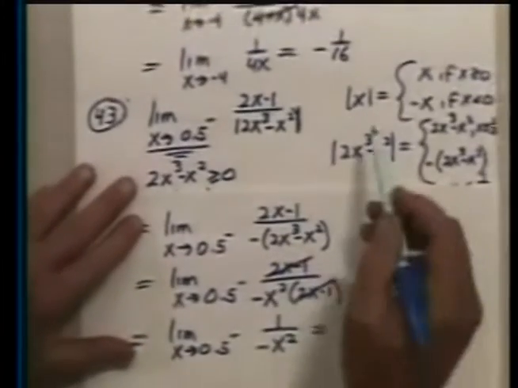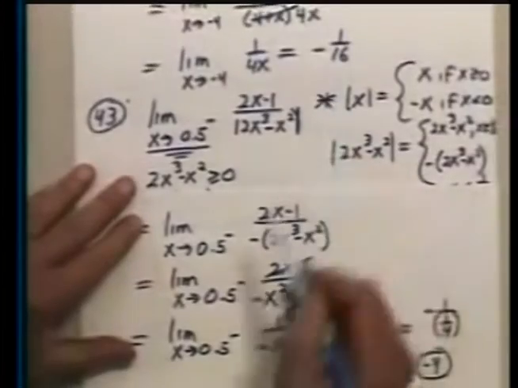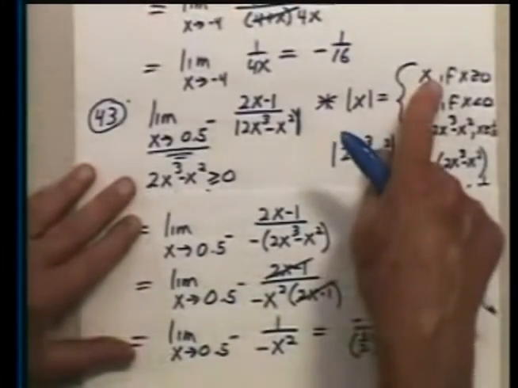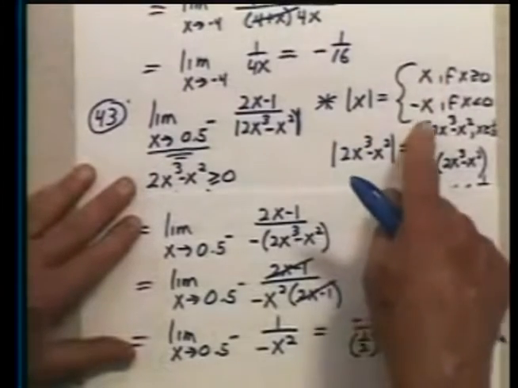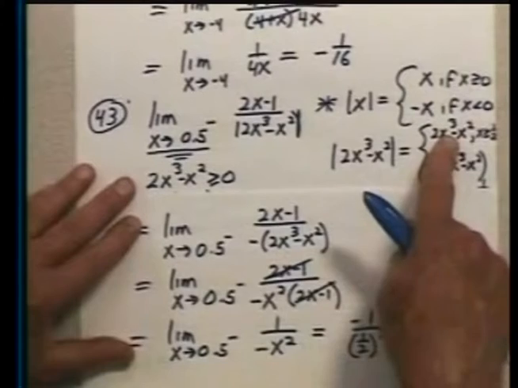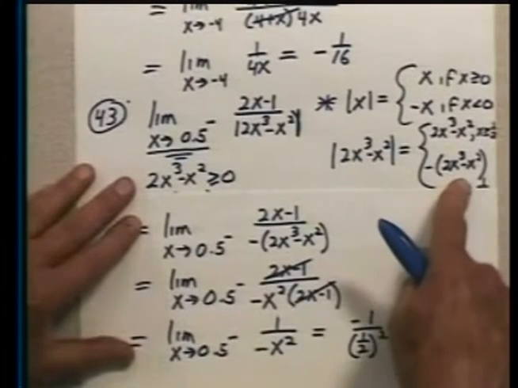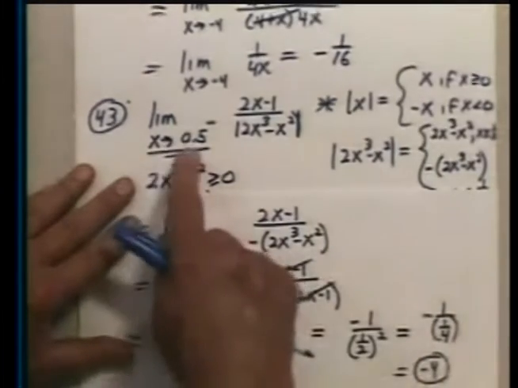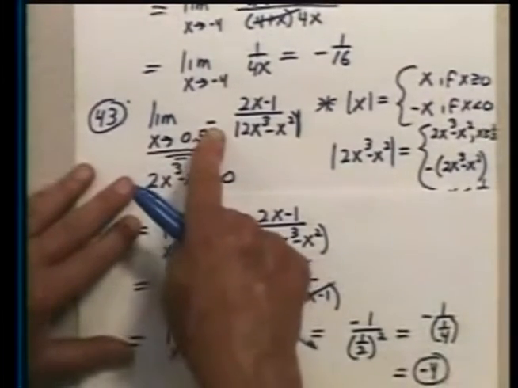But it's not complicated. All you have to remember is this right here. Absolute value of x is sometimes itself, sometimes its opposite. I don't have absolute value of x, that's okay. It's sometimes itself, sometimes it's the opposite of itself. And when you're doing a limit, you look at which side you're coming from and decide.